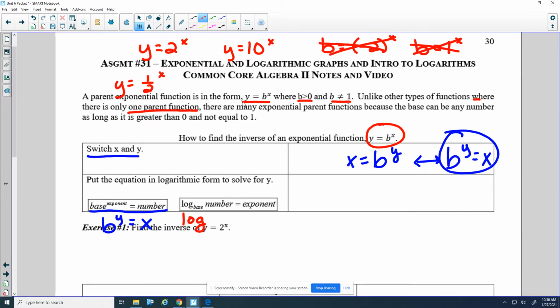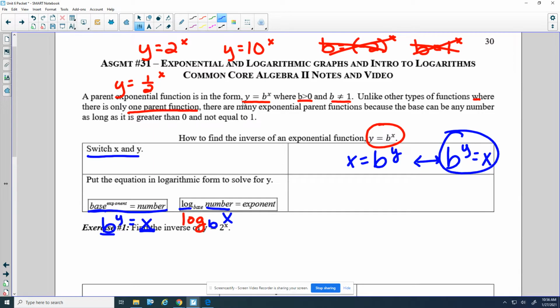So the base, which is right here, we actually write down low, kind of like it's a subscript. The number it's equal to, which in this case is the x, goes next to it. And it's actually on the same line. So this log and the number is not high like an exponent. Those are on the same level, just the base is low.